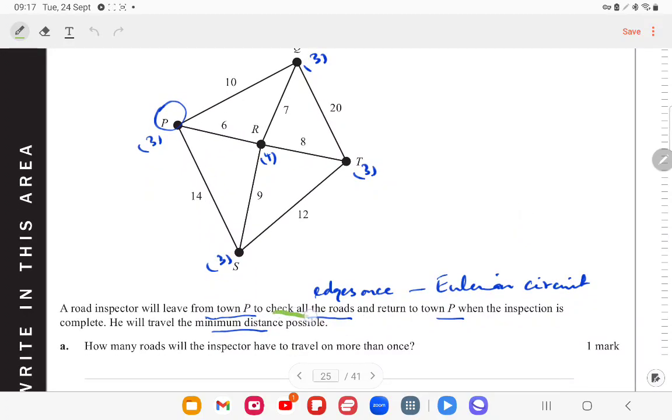Now, to check all the roads, when you see this particular phrase, you have to think of traveling every edge once. And when he returns to the same town P from where he started, you have to think of the Eulerian circuit. He will travel the minimum distance possible. When you see the minimum distance possible, you have to remember that all the edges should be added because he has to travel all the roads.